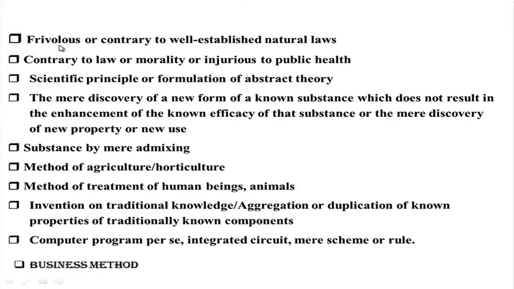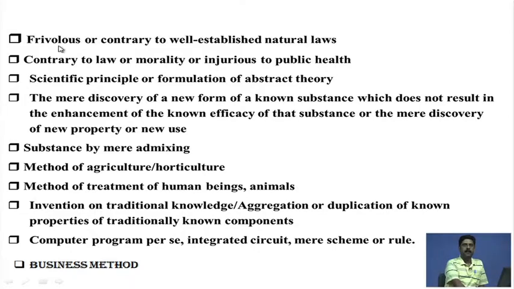So, what is that list? I will read them one by one and try to explain. First: frivolous or contrary to well established natural laws. What is that? Let us say iron is magnetic and rubber polymers are non-magnetic.